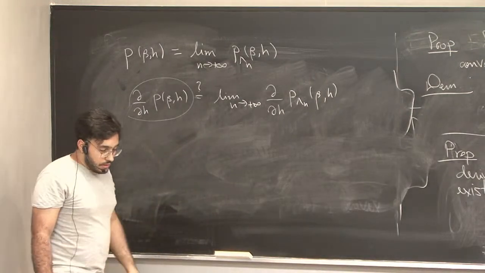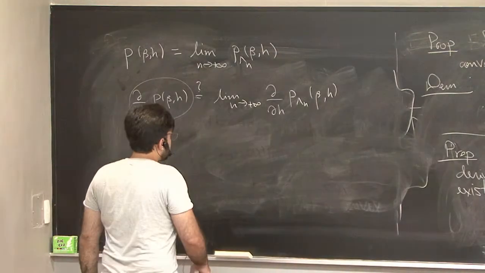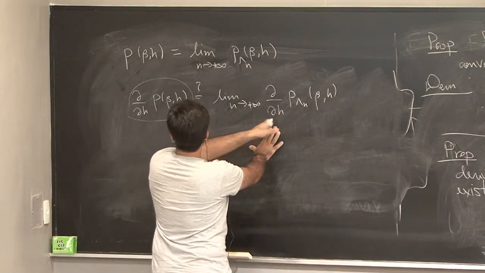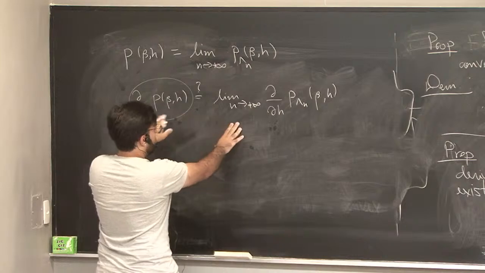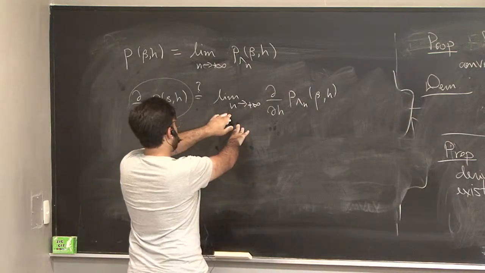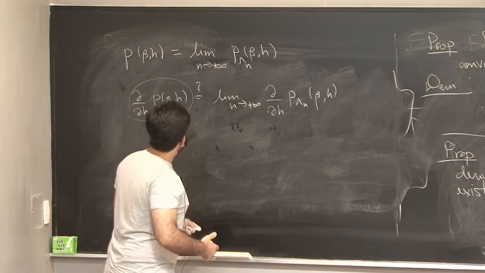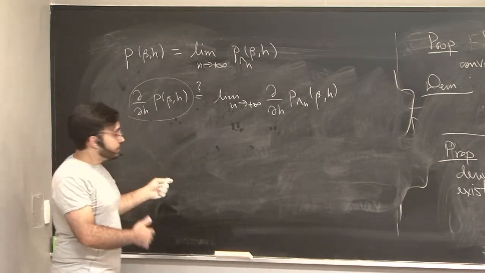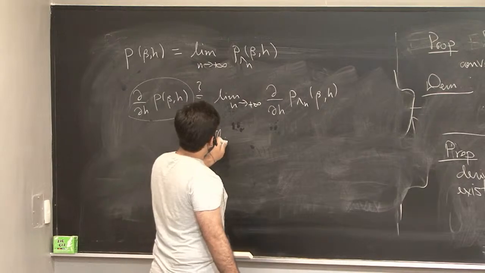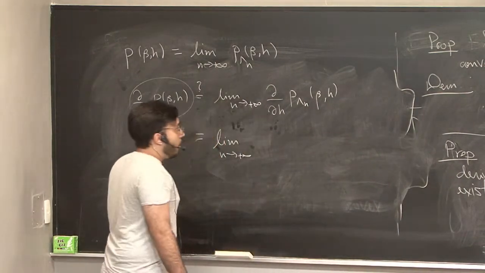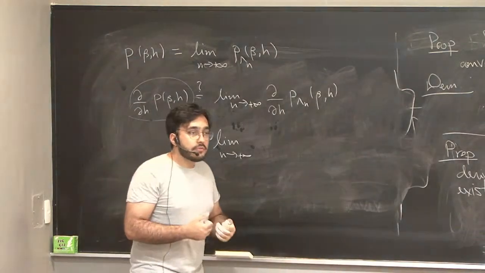Just to remember, if I can interchange the derivative, if it exists, with the limiting procedure, with the thermodynamic limit, then I will be able to relate the derivatives of the pressure with the thermodynamic limit of the quantities that we defined previously.